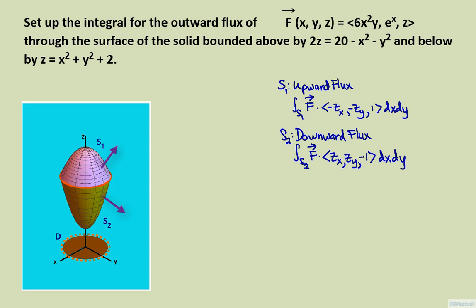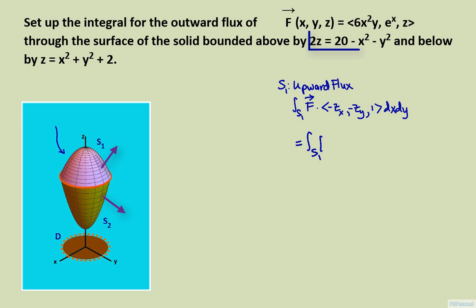We will first work out the details for the integration through the upper surface capital S sub 1. First, we need to determine the partial derivatives of z with respect to x and y, and for this, we need to solve for z on the surface.